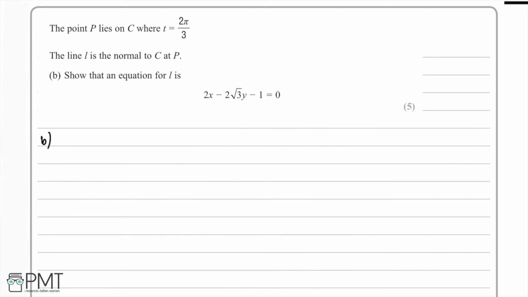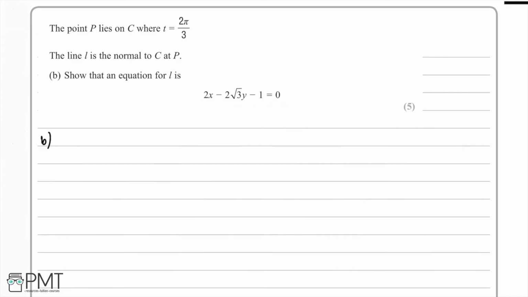Effectively, we're being asked to work out the gradient of the normal and use that along with the point P, which we can work out using this t value we're given. Then we use our equation of the line to substitute these values in, and we can come out with this equation for L.